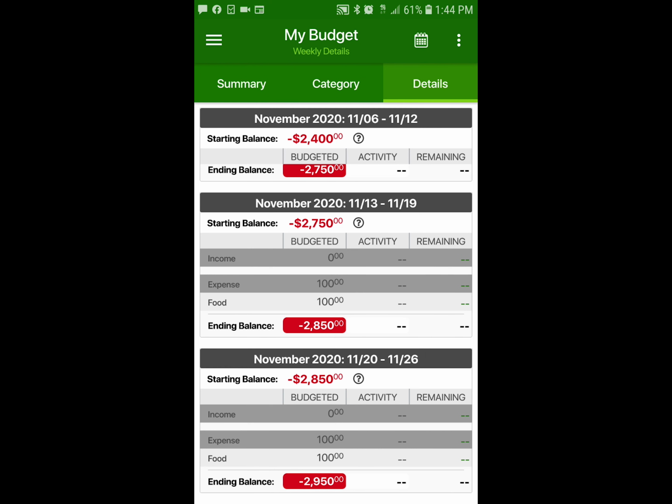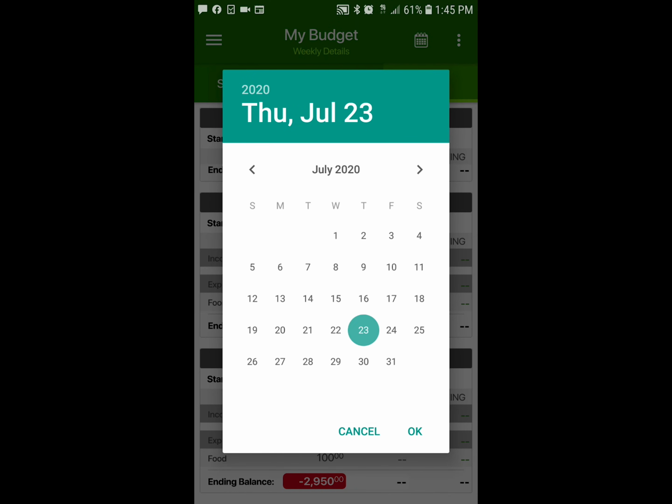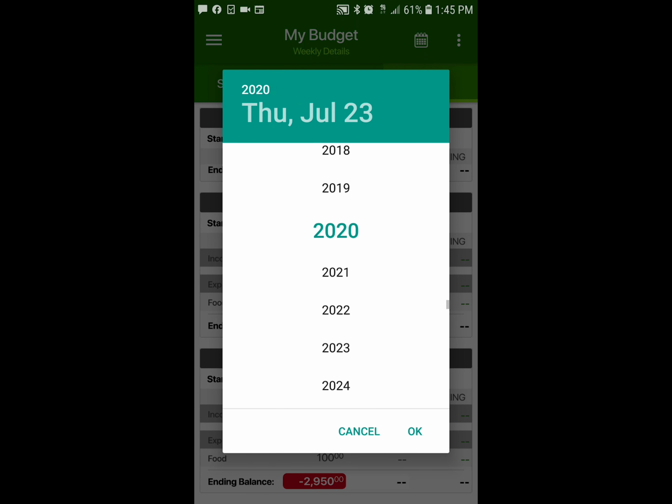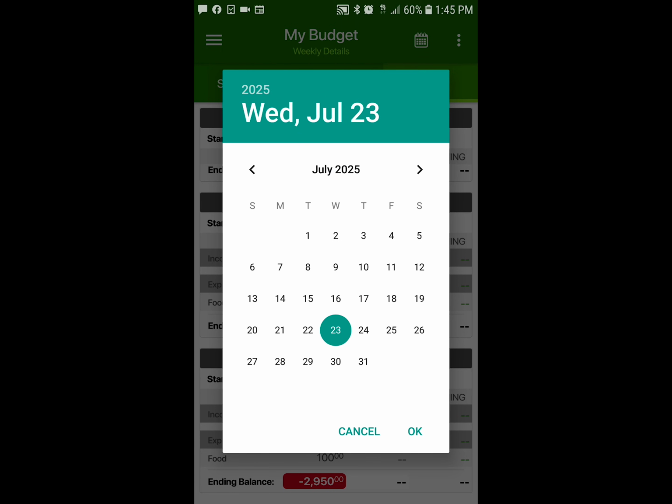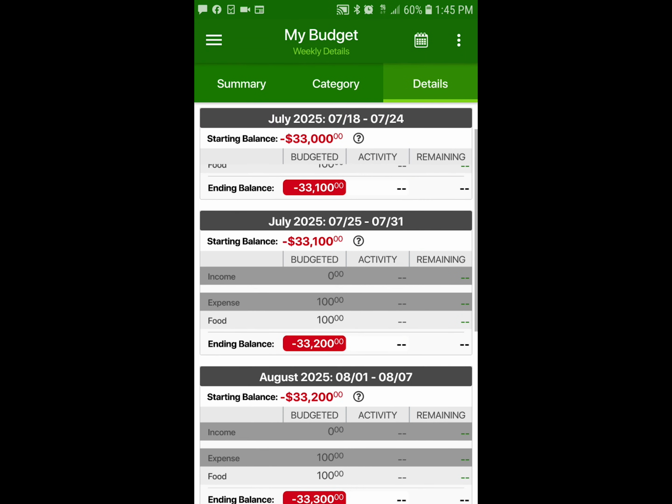And if you select on that calendar, it's a jump to calendar. So you can jump to whatever date that you would like. So we're going to tap on that, and then we're going to tap on the year, and then we're going to scroll down, and we're going to jump out 5 years. And then we are going to select OK. So now notice here.